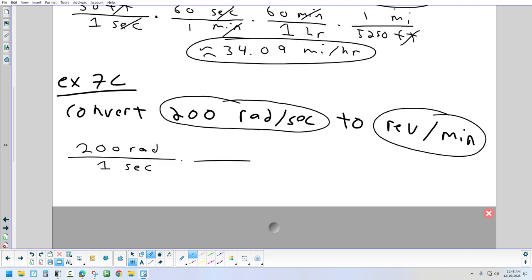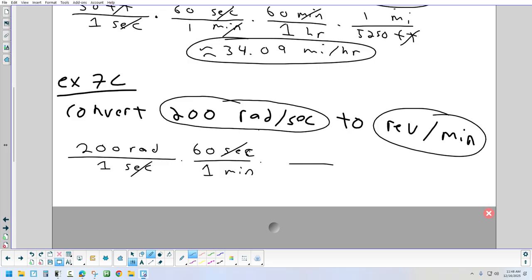All right, so you tell me, I'm gonna need a couple fractions, actually just two. But can anybody tell me what the first one would be? Yeah. 60 seconds over 1 minute. 60 seconds over 1 minute. Okay, now you got radians per minute, you want revolutions per minute.